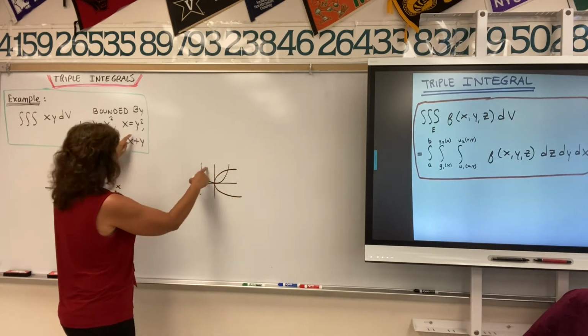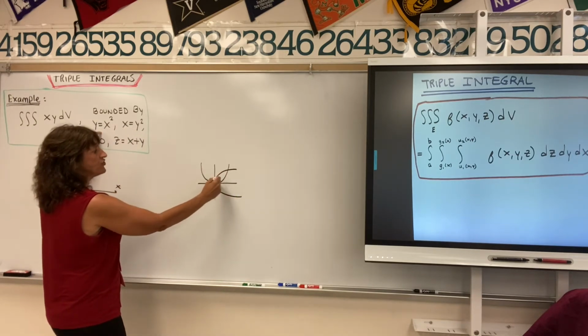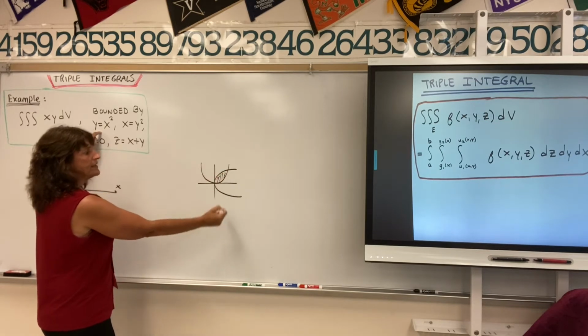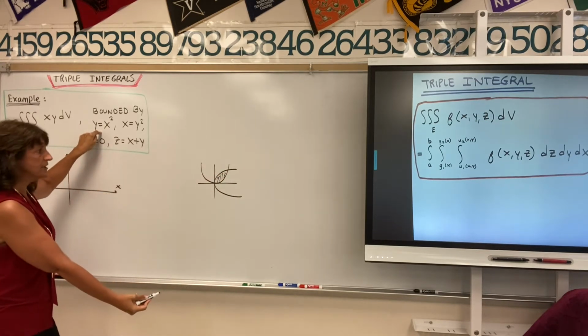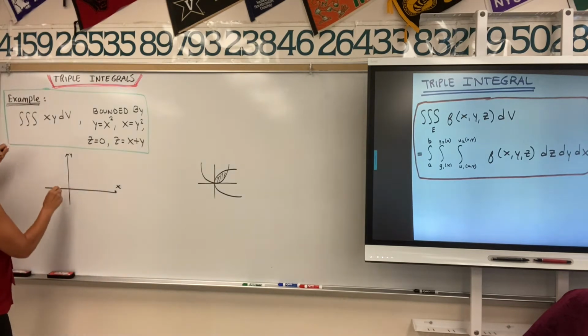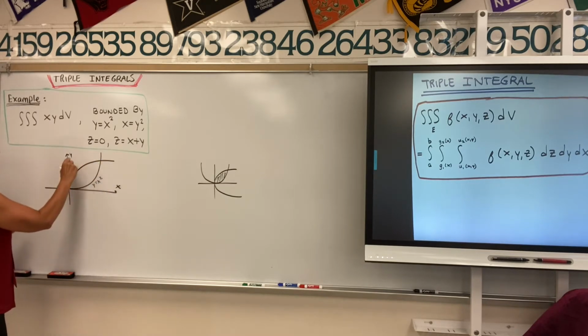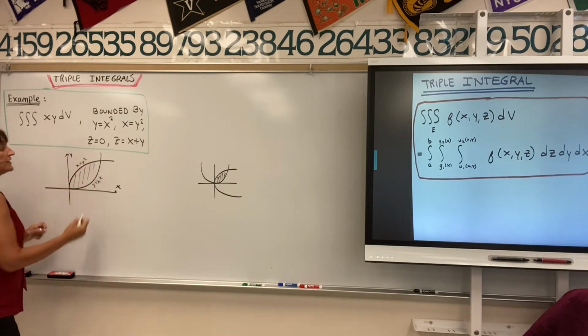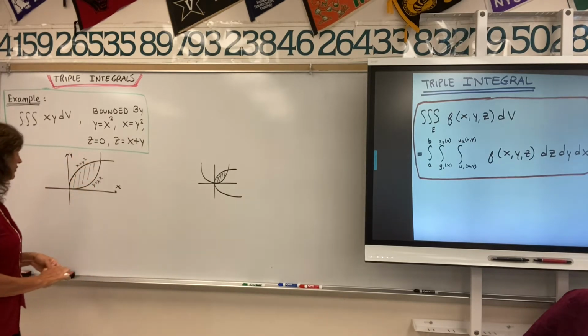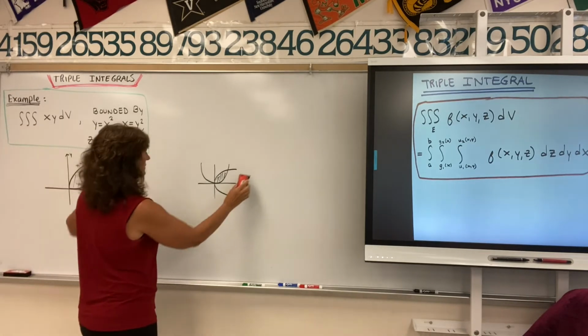The overlap of the parabola that opens up, y equals x squared, and the parabola that opens to the right, x equals y squared, is the region I'm looking for. This is the base that I'm dealing with right here. You can see how that was generated with these pieces.